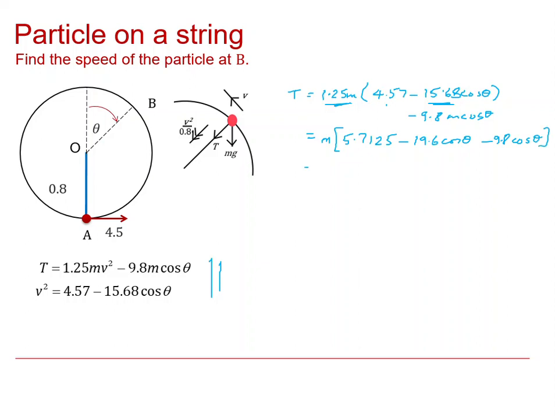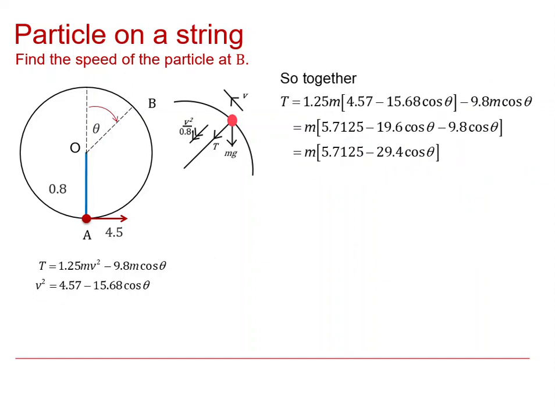So finally, if we put that all together, we get m times (5.7125, and those numbers combine to give us 29.4 cos theta). Now you can begin to see what's going to happen here. If we're interested in the tension being 0, it will be that bracket that's got to be 0.